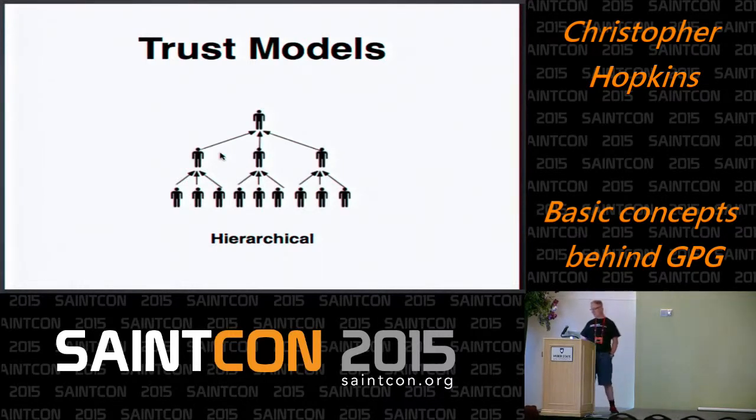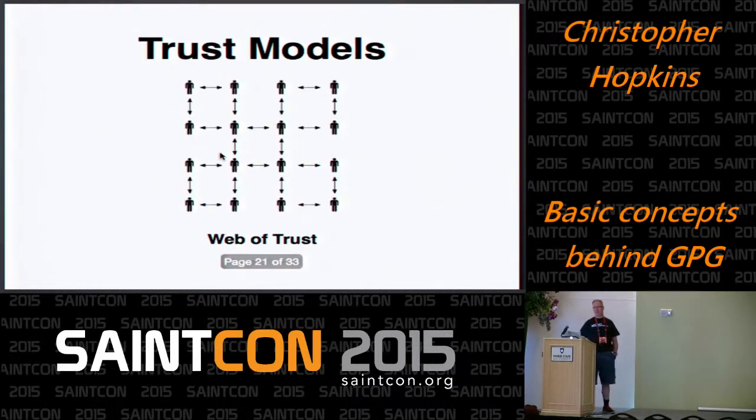A little less hierarchical and more anarchistic, if I can use that word, is the web of trust. What it boils down to is, as you meet people, you authenticate them, check their driver's license, have them read off their key or their fingerprint, and you know it's them.